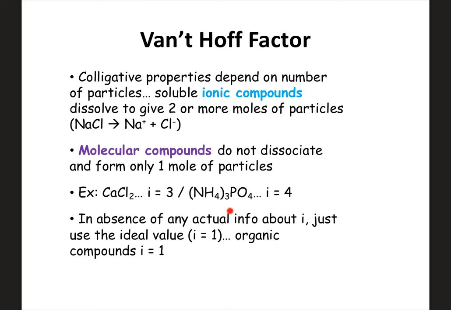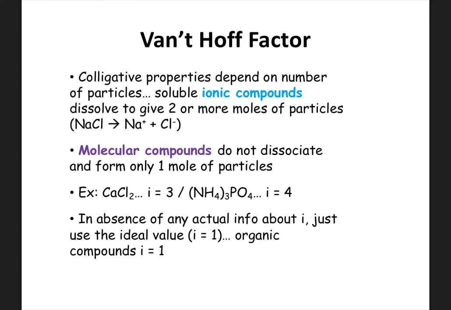If you look at something like ammonium phosphate here, when this dissolves in water, you're going to get 3 of the NH4+, 1 of the PO4 3-, for a total of 4 particles. So the i value for that compound would be 4. So you can see how this can change depending on the compounds. You have to look at the compound you're dealing with in your problem and then figure out what the i value would be.